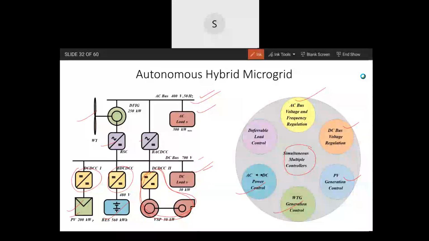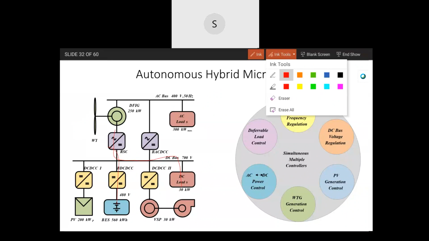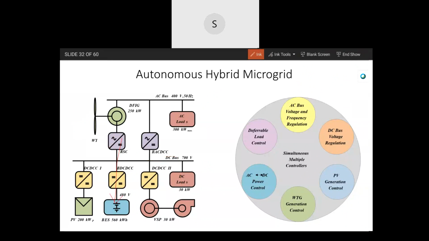You have this AC network and a DC network. Sometimes AC power generation is high, but demand is less. Then you take it to the DC network, that means to the battery. Excess power can be given to the battery, or it can be used for the DC load. Sometimes there is excess power generation on the DC side. DC power available is high, but demand is less.